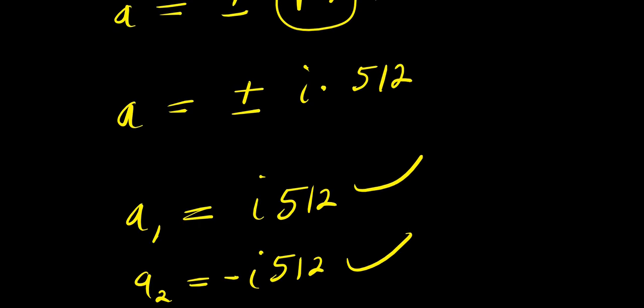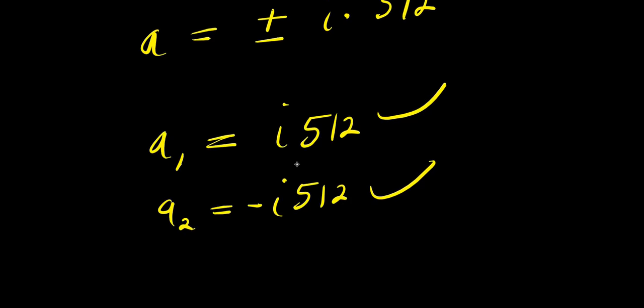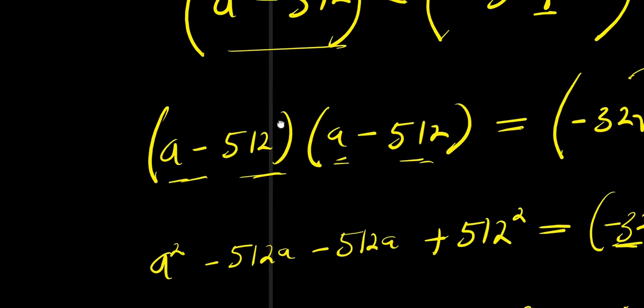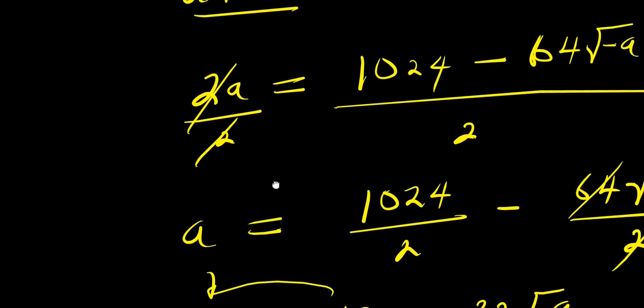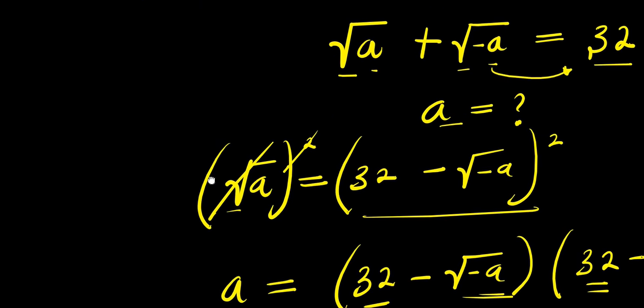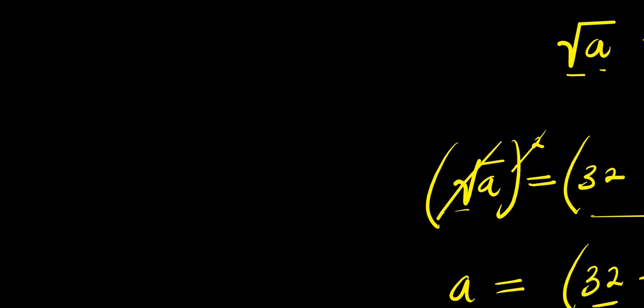And that is it. And if you want to actually check, you can decide to verify. I would like you to try that one in your video, and let's check and drop it on the comment box if both values will satisfy the equation. Try it and let me see on the comment box. But before you try it, take note of this.